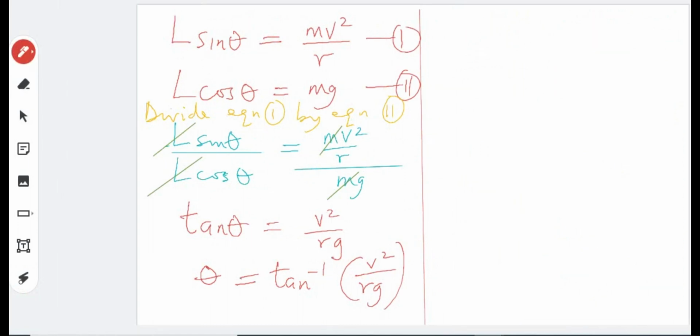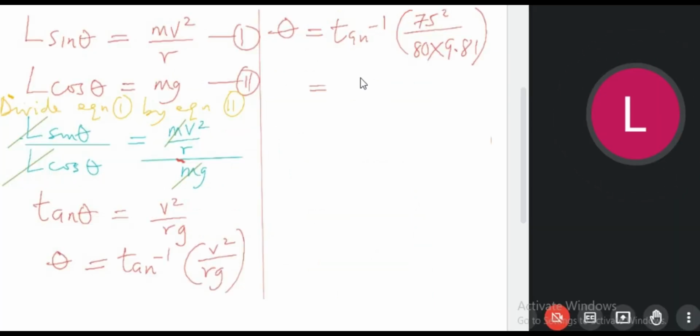So theta is tan inverse of, open a bracket, v squared, 75 squared, over rg, r is 80, g is 9.81. We close this bracket, and that will give us theta to be approximately 82 degrees.